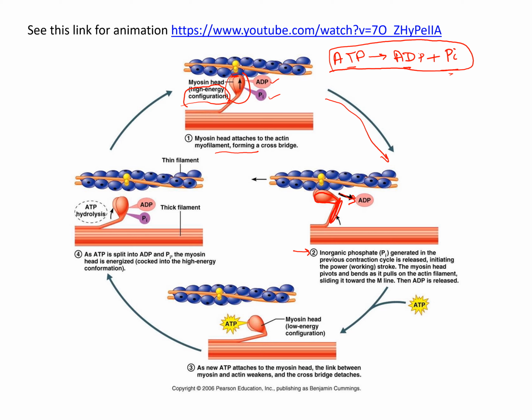The myosin head pivots, and as it pivots, it pulls the thin filament towards the middle line of the sarcomere, and this is called a working stroke.